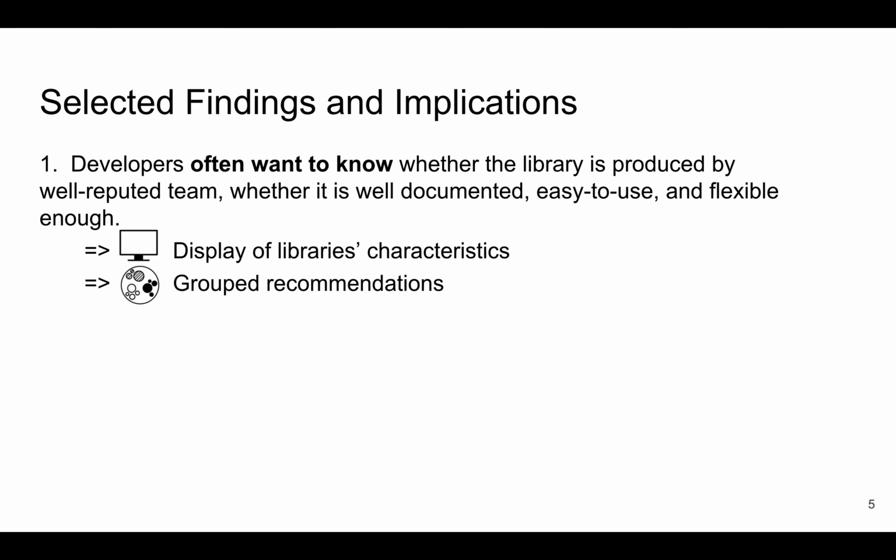Also, the recommendation tool can group similar libraries for developers to compare and select the library they prefer. In such a group, the recommendation tool can further rank the libraries based on the number of users, reviews, and documentation quality.